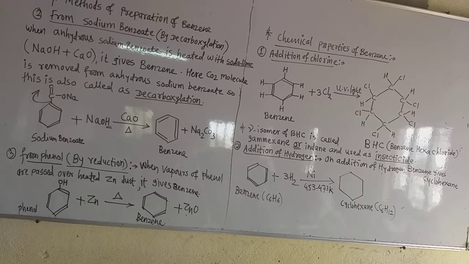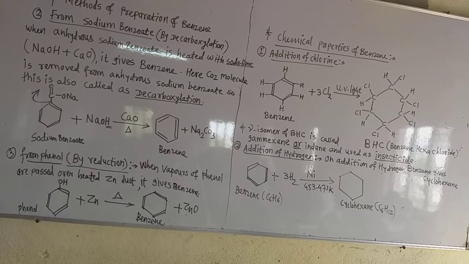Sometimes they ask us the question, why is the reaction of sodium benzoate with soda lime called decarboxylation? That is the reason, because CO2 gas is evolved from the anhydrous sodium benzoate. So this reaction is called decarboxylation. Carbon dioxide gets removed.